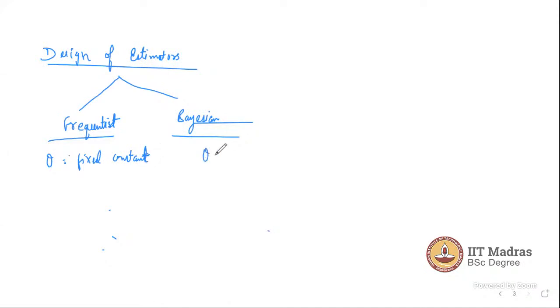That is the only difference between the frequentist and Bayesian approach. In the frequentist approach, we have 2 different methods that we studied in week 8. One is the method of moments that we call MME, and the other is the maximum likelihood estimator.